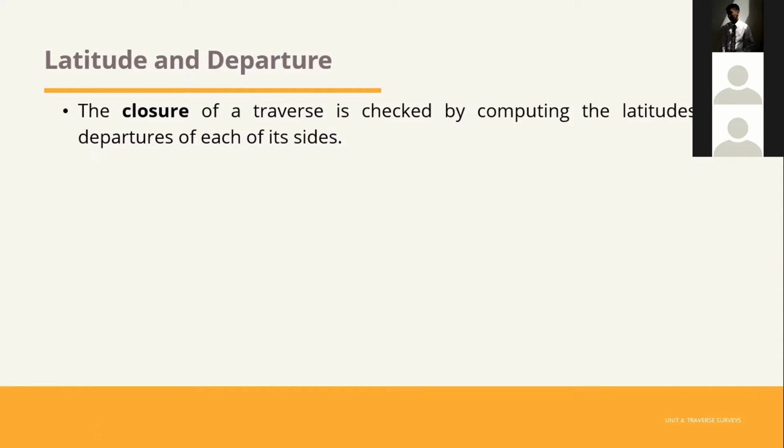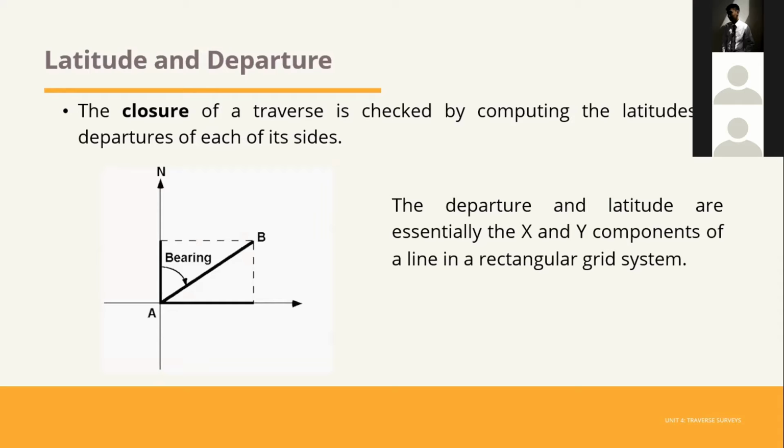The closure of a traverse is checked by computing the latitudes and departures of its sides. The departure and latitude are essentially the x and y components in a rectangular grid system. The x component is the departure, since the departure is from east to west.